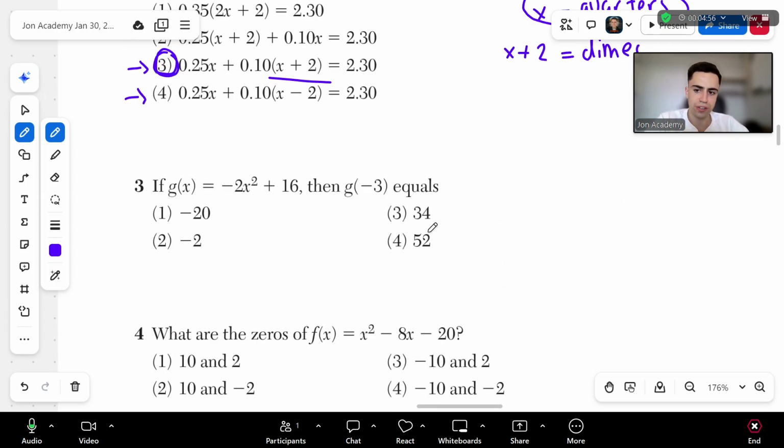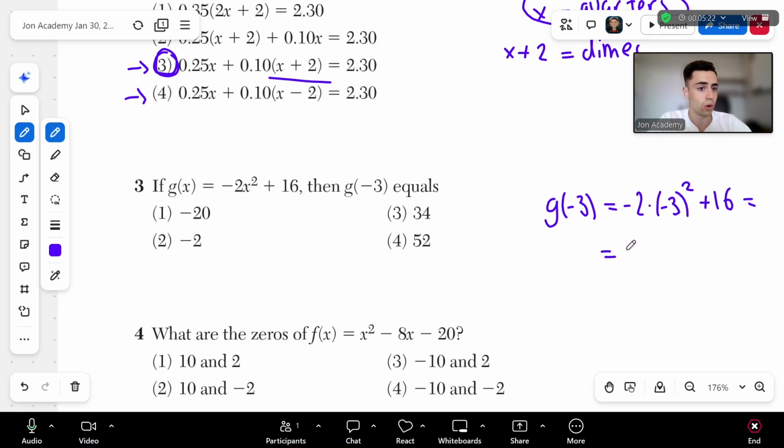Let's see now number 3. If g of x equals this function, what is g of minus 3? This is very easy, we just have to plug it in. So g of minus 3 is equal to minus 2 times, and as it's a negative number, very important, here we write negative 3 in brackets squared, because the square is going to affect also the minus sign, plus 16.